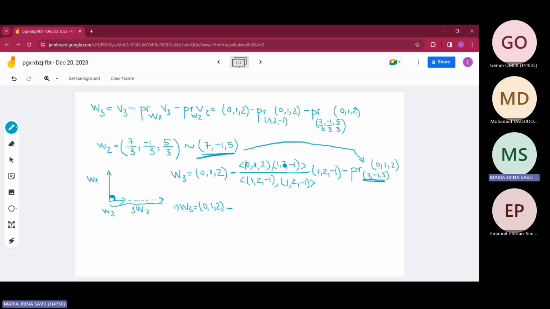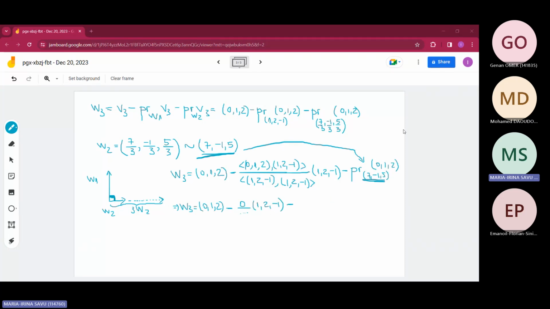You have 0 plus 2, minus 2. This projection is 0. We have 0 over something times 1, 2, minus 1. So it is the null vector.